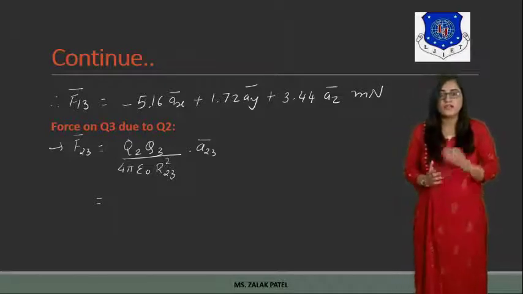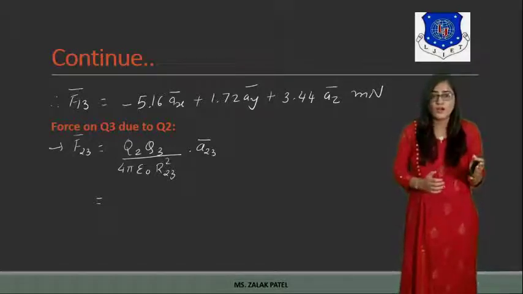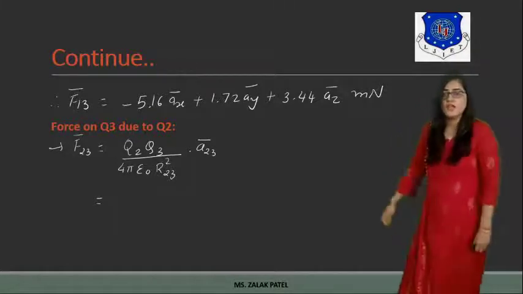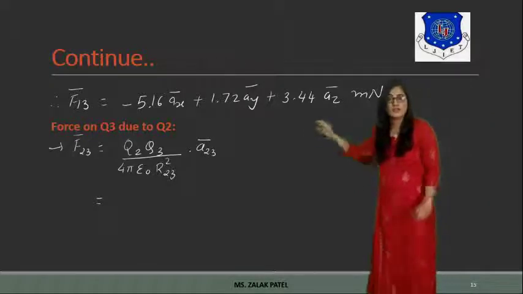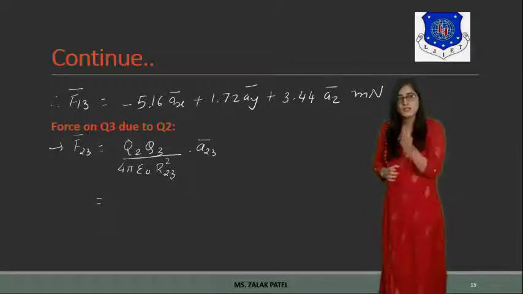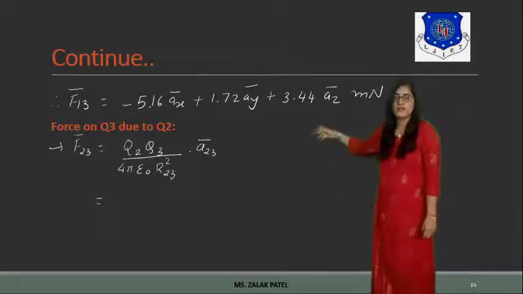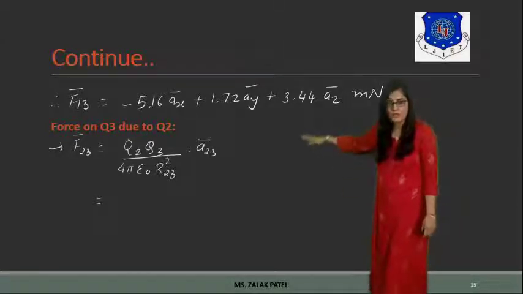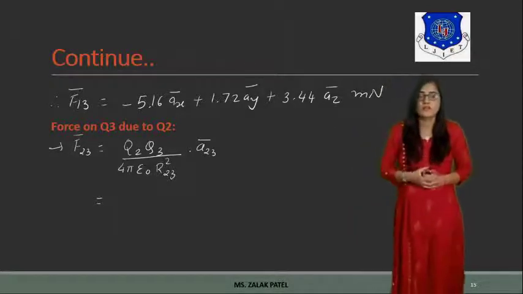Here R23 is the distance between the third and second point charges, and A23 is the unit vector, which is the vector upon magnitude that we have already calculated in the previous slide.